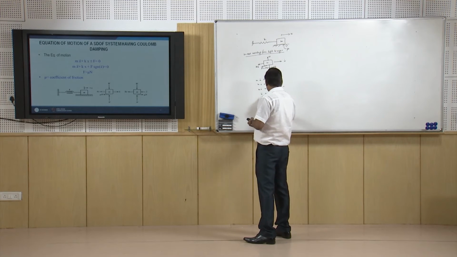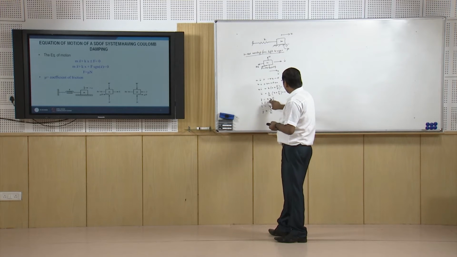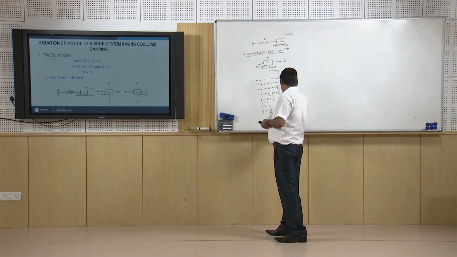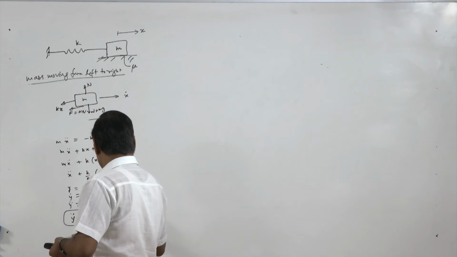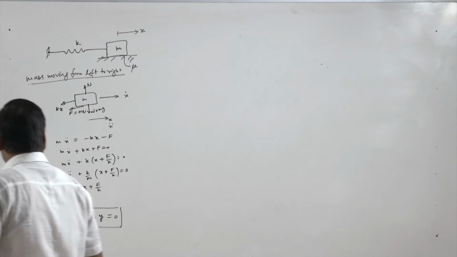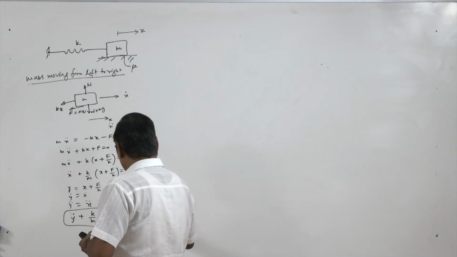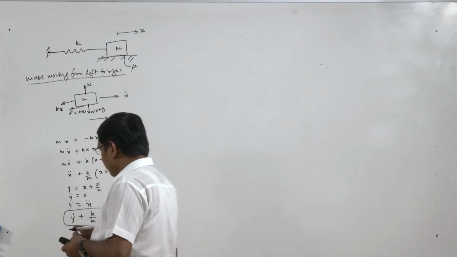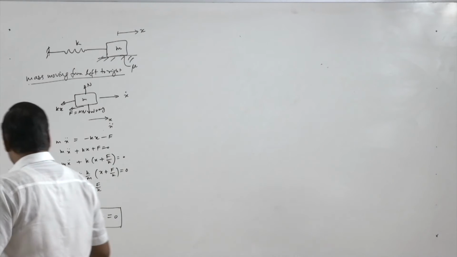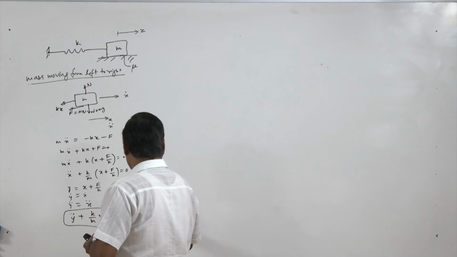So x double dot equals y double dot, plus k by m, and here x plus F by k is y, so y equal to 0. This is a differential equation similar to the undamped free vibration. So from here we see that the system is vibrating with the natural frequency omega n equal to root k by m.